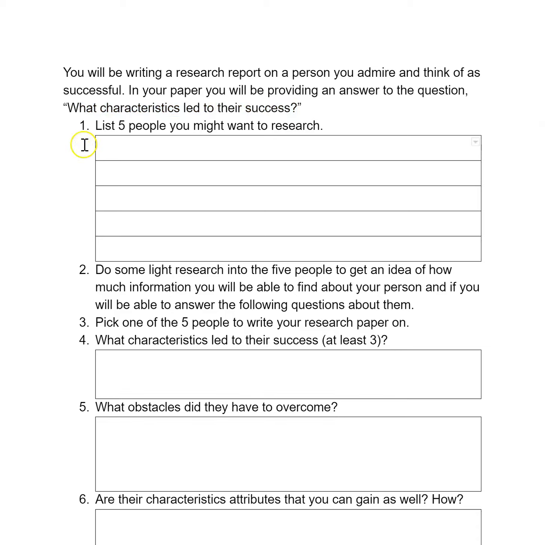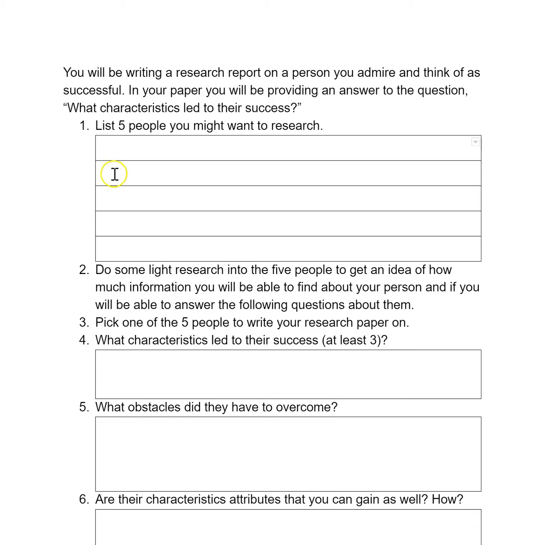Now, you're not going to answer this question in one or two sentences. You're going to provide background information, examples, a lot of information, a lot of detail about what exactly were the characteristics that led to their success. Okay, but that's the overarching question for your whole paper.